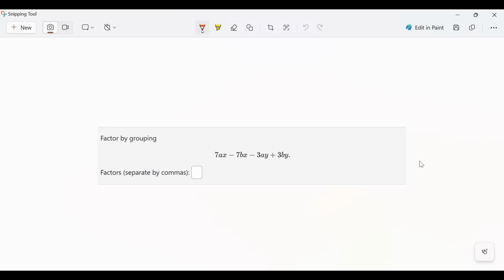Let's go over the solution. For the first two terms, the GCF is going to be 7x. Take 7, take x. When you factor out 7x, we get a remains minus b remains.